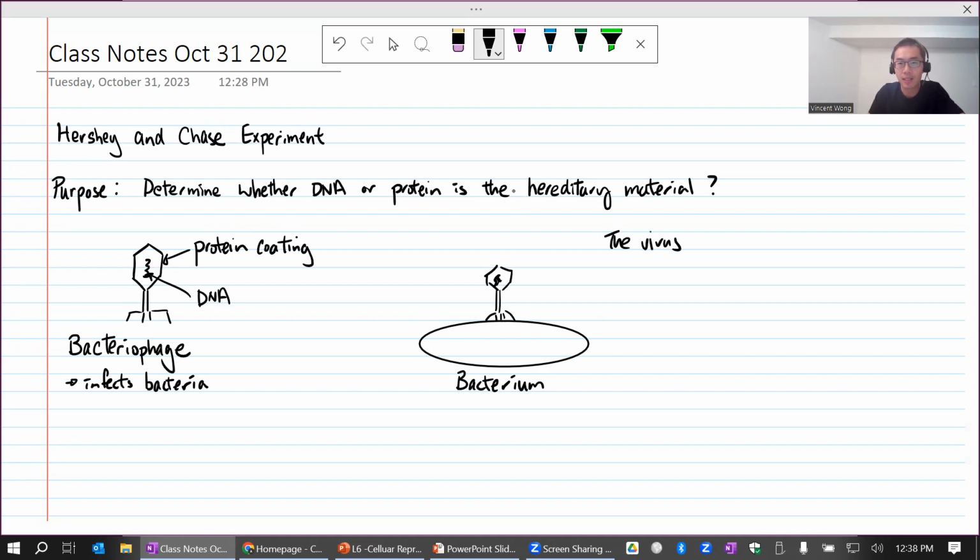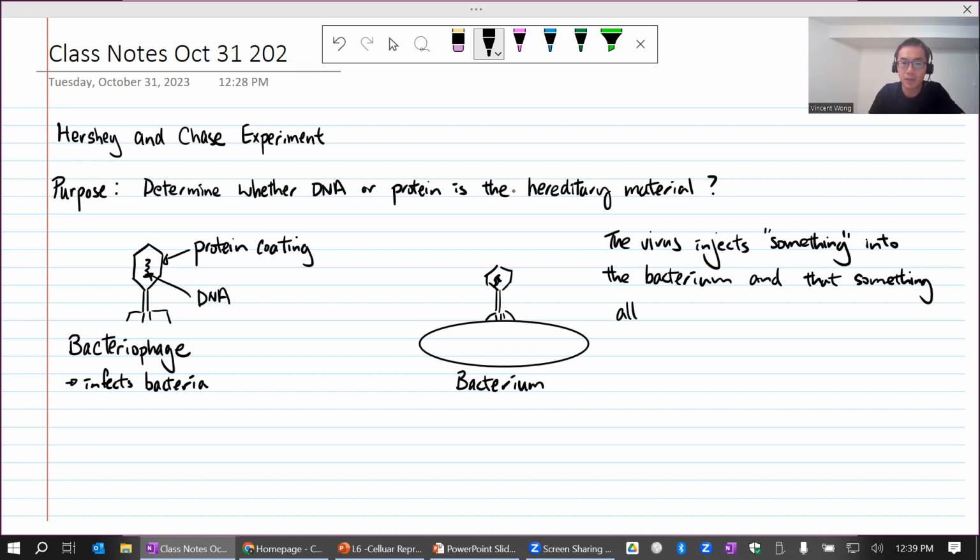The virus injects something into the bacteria. And that something allows copies of virus to be created.